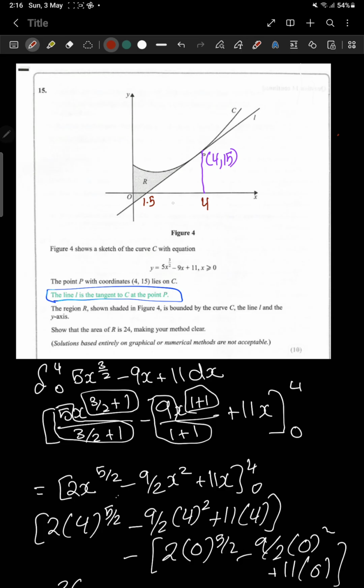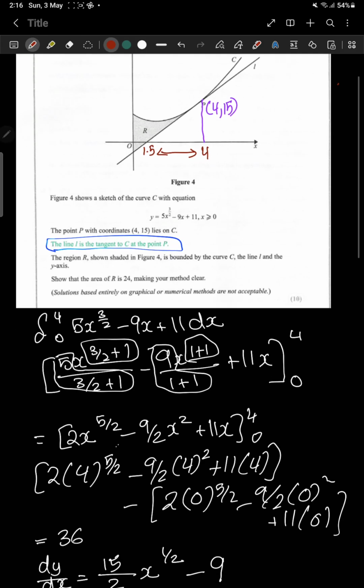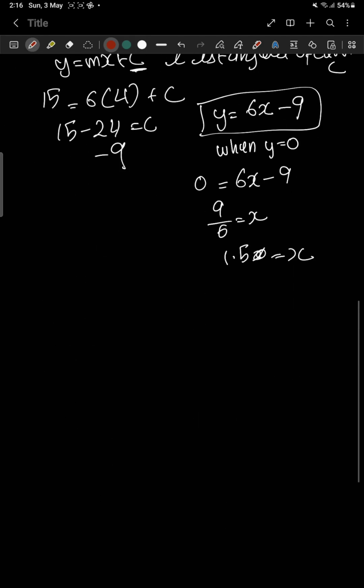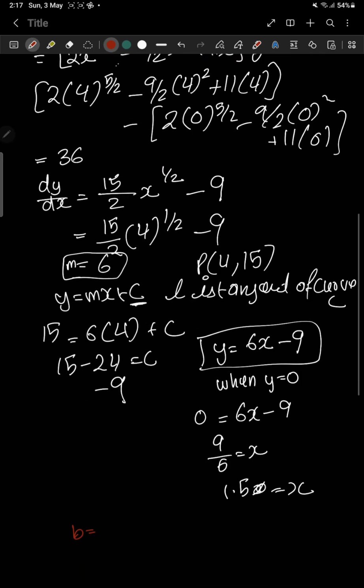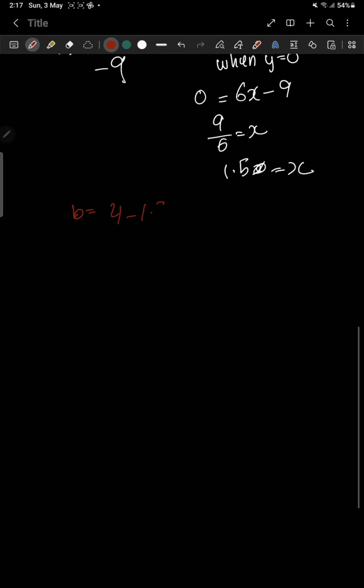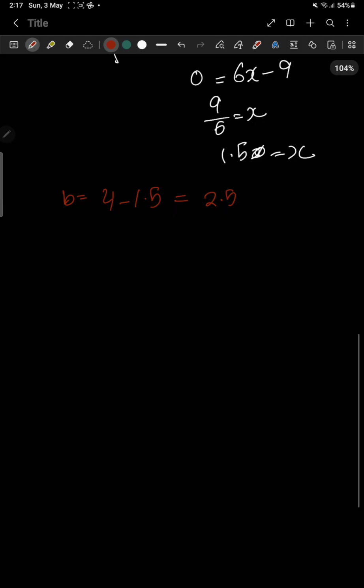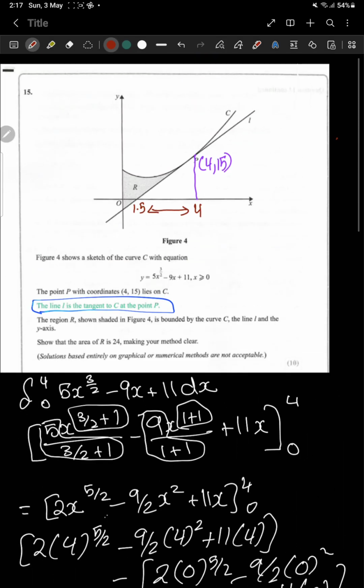Now we can find the base. The base is going to be 4 minus 1.5, which gives us 2.5. Now we need to find the height. The height is this y coordinate, so that's going to be 15.